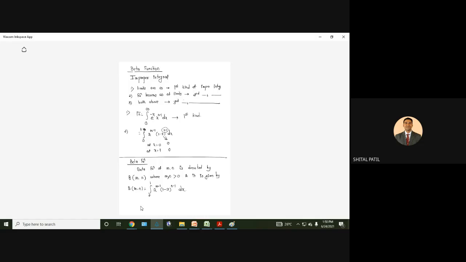Why are we studying beta function? That will help us to solve specific types of higher order integrals. We'll understand. On next page, can I change the page?